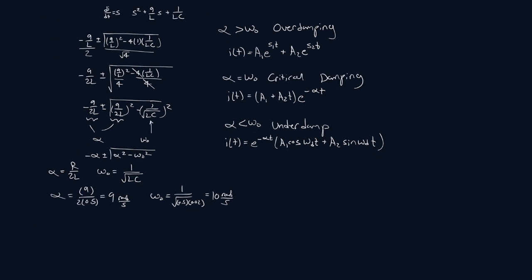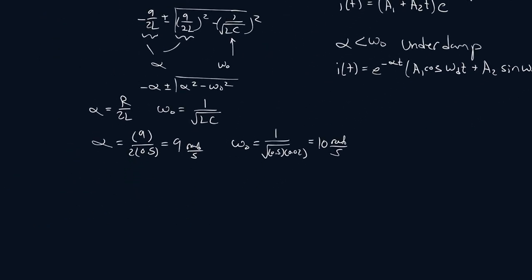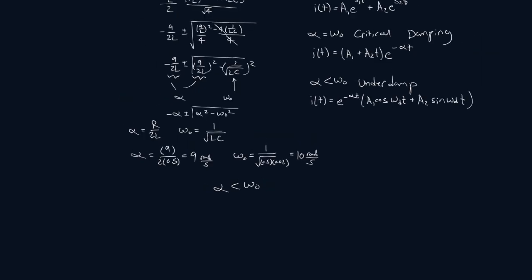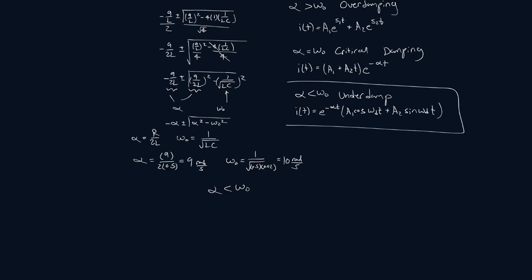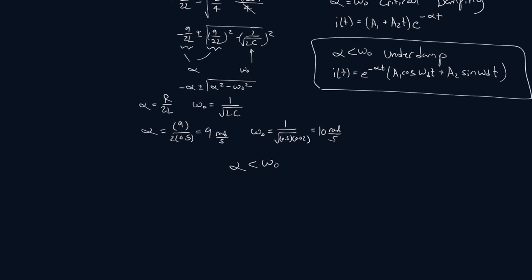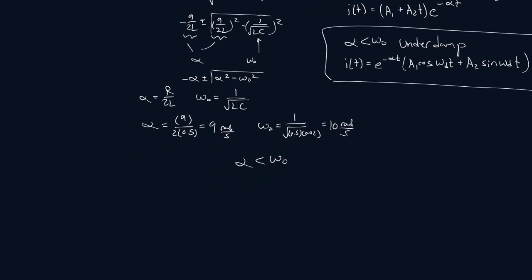All right. So what do we see? We see in our case, our alpha is less than our omega. So that means we're going to be using this formula to solve for this. So let's first find what our WD will be. So we know S will be equal to minus 9 plus minus the square root of 9 squared minus 10 squared.